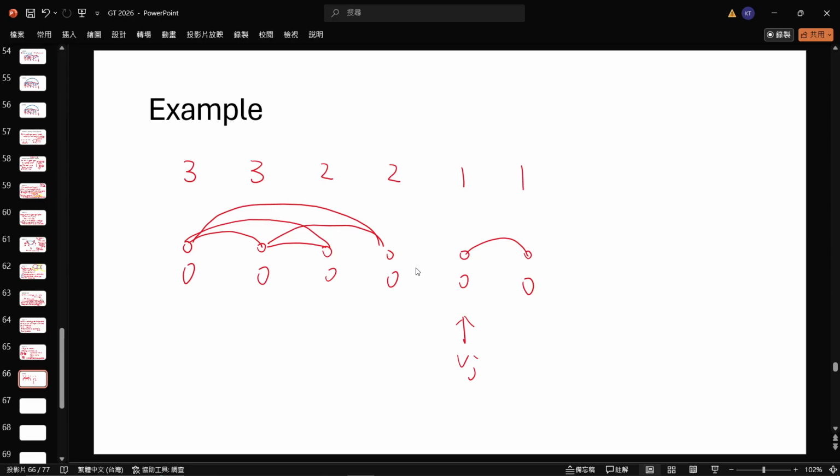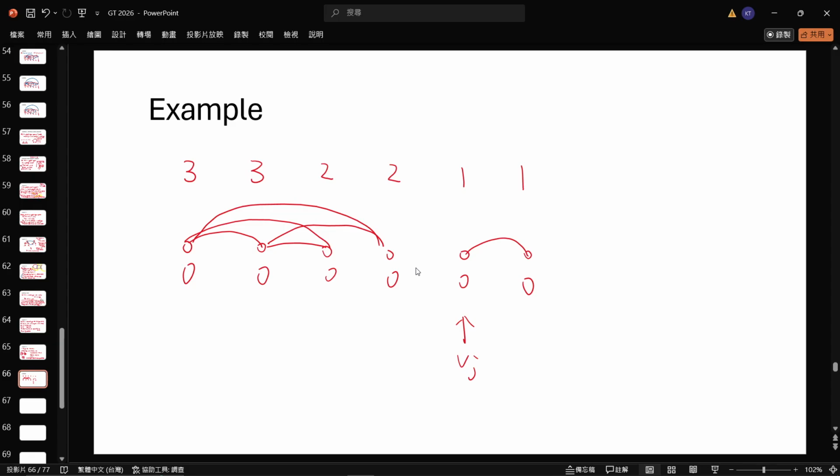So I think intuitively the reason that the previous algorithm fails is because in step A we choose high degree vertices, okay?